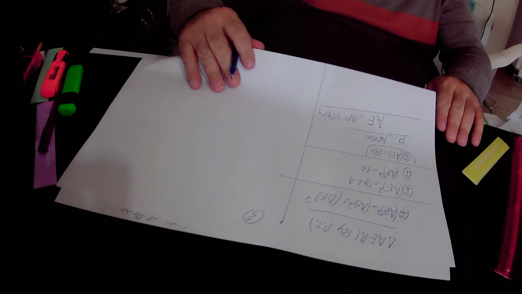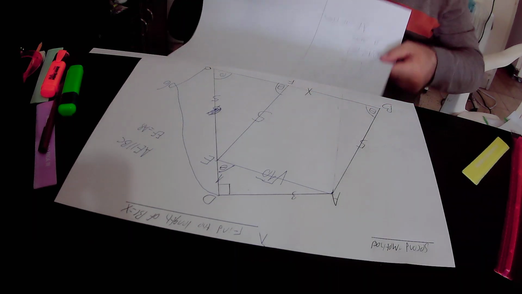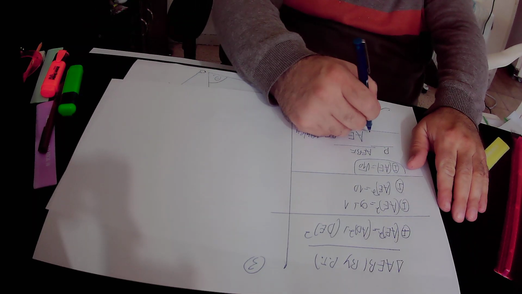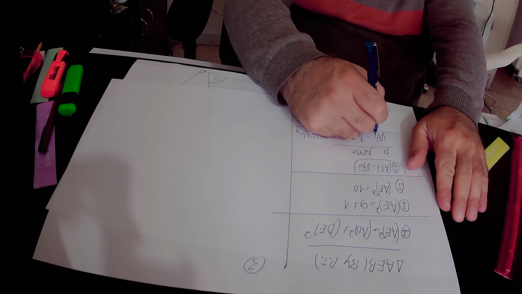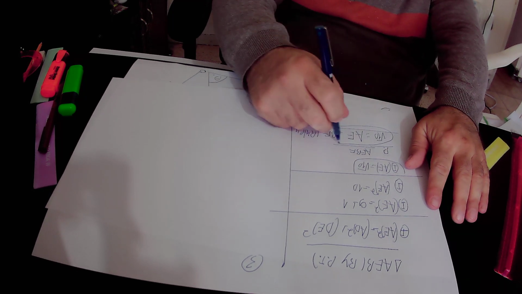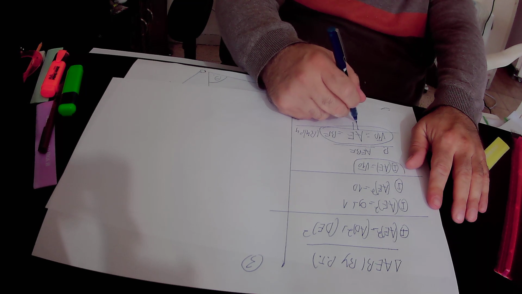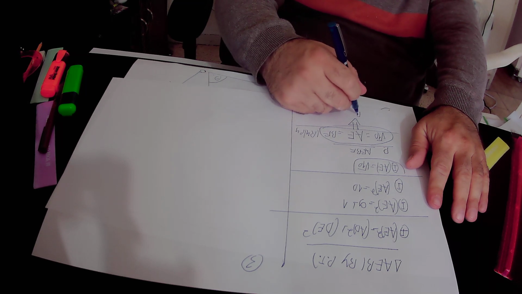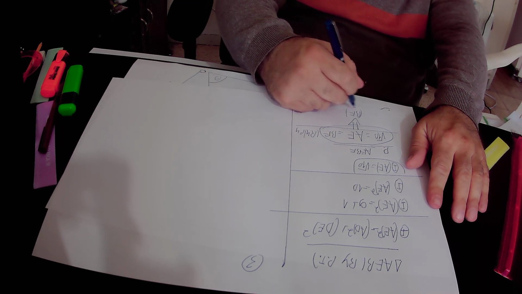But we just found out that AE equals the square root of 10 units, and from this we will derive that BF is also equal to the square root of 10 units.